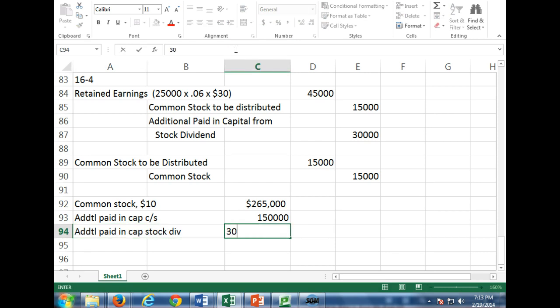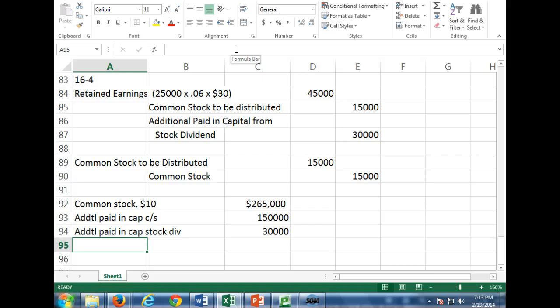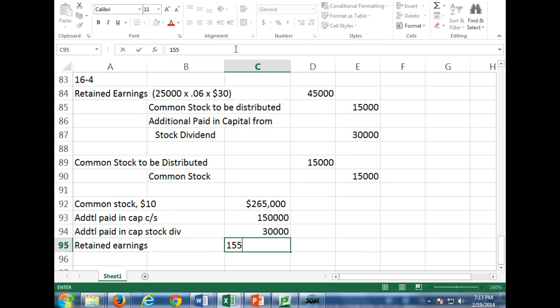And that was 30, right? But now our retained earnings went down, didn't they? So basically we shifted it from retained earnings. It's still the same amount sitting in there, but we took it out of retained earnings and it's now part of the stockholders' stock. Okay? So our retained earnings goes down to what? 155.